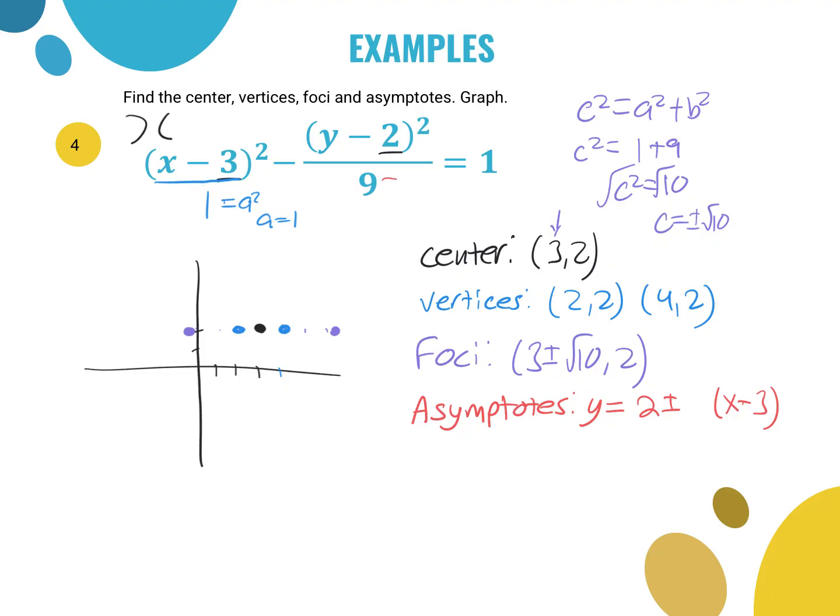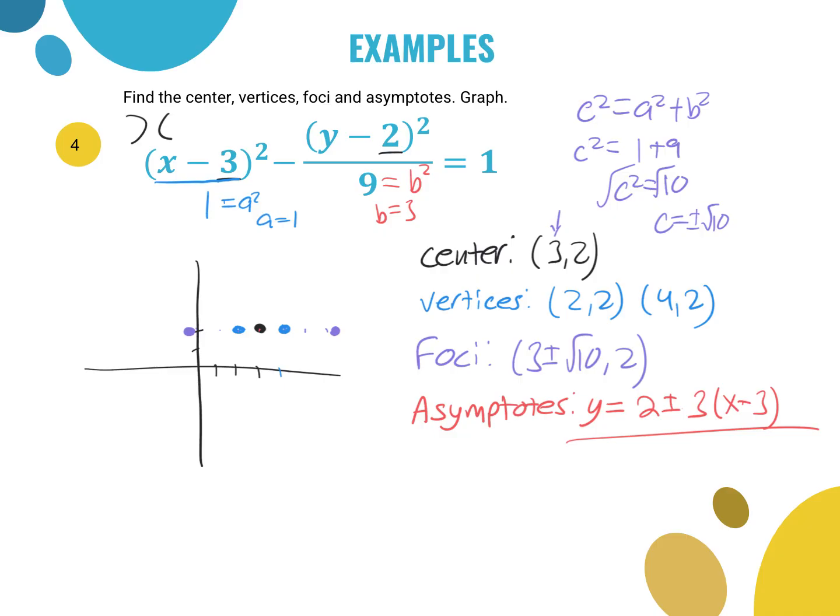I see that 9 is with the y, so that means 9 is going to be my b squared, so that means b is going to be 3. B has to go on top, so 3 over 1. And you can leave it like this, or you can simplify 3 over 1 and say that that's 3. Right, but either way, that's the equation of your asymptotes.